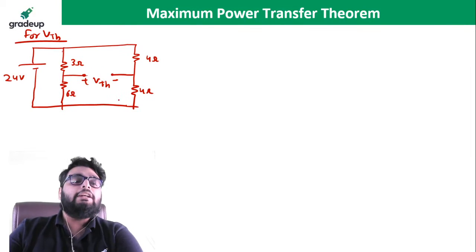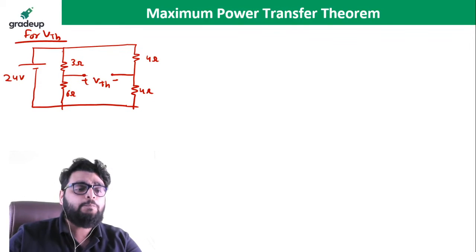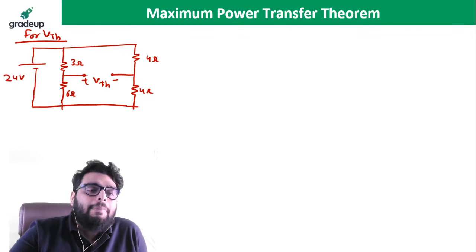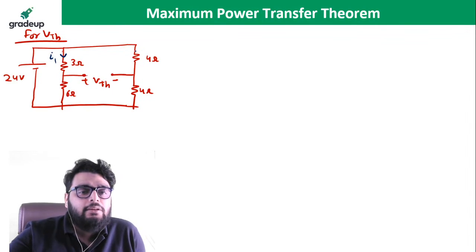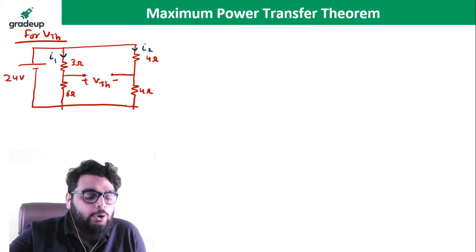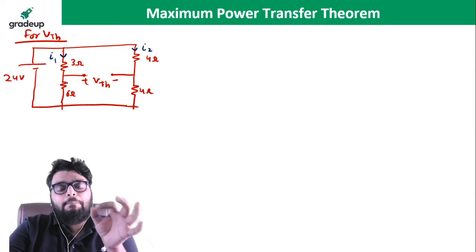Can I find out the VTH easily? Yes, the answer is yes. I can find out the VTH easily. How? I have a 24 volt source parallel to 3 plus 6. So I can find out the current I1 here. Similarly, I can find out the current I2 here. Why? Because I have a voltage source connected parallel to it.